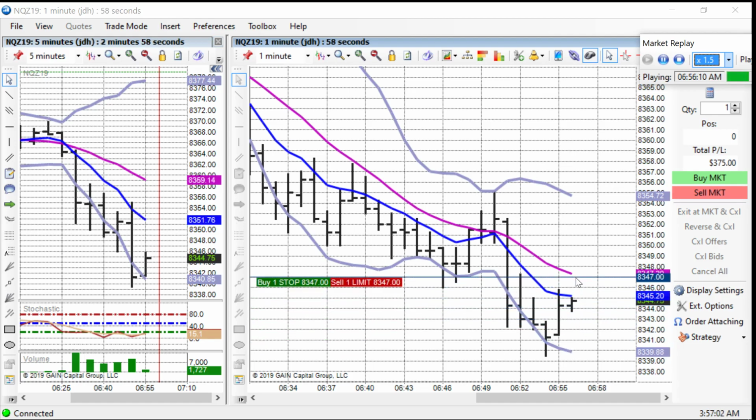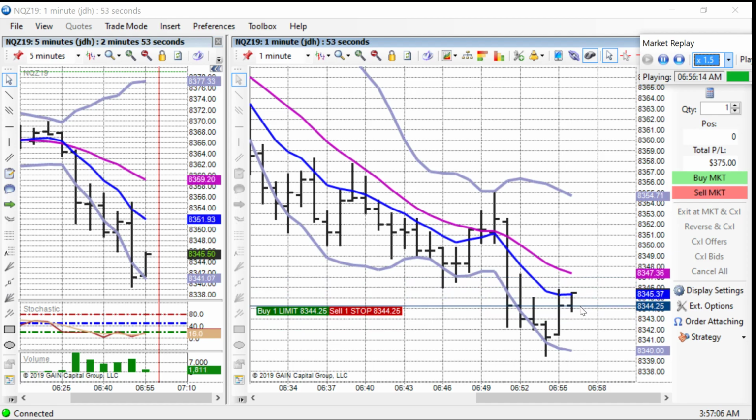Okay, I want to see movement back, and then I want to see a trade through my previous close here. And that's still moving up. If we look at the 5-minute chart, we're still bouncing off that lower Bollinger Band. I don't want to trade when it's moving back up to the 5-minute ADMA line.